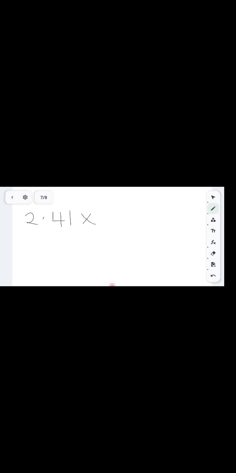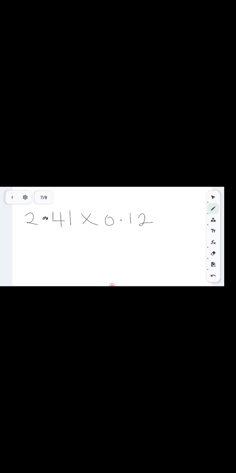2.41 times 0.12. Now, we talked about decimal places. This decimal has two decimal places. That is, a number that has two decimal places has two digits after the point. After this point, I have two digits, which are 4 and 1.